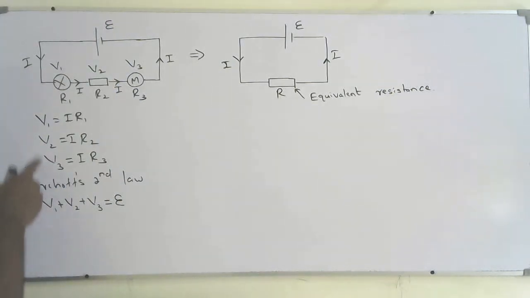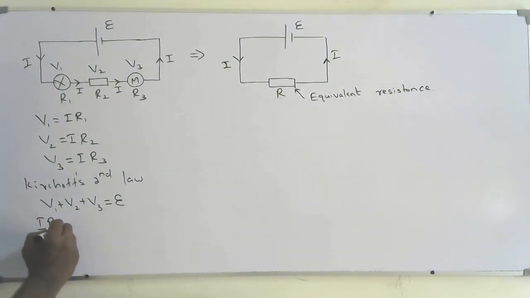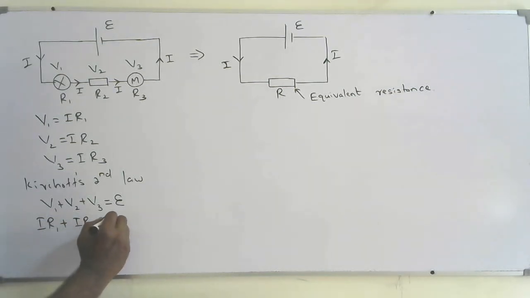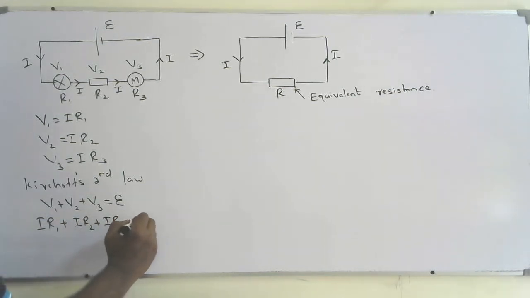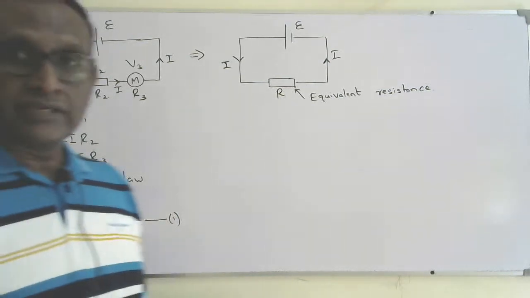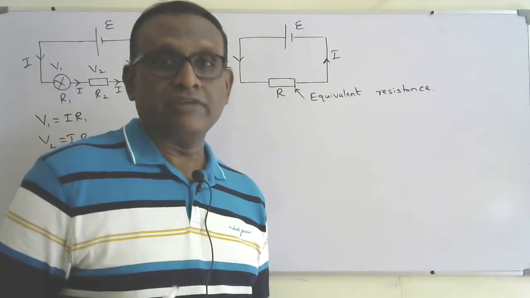So instead of V1, I can say IR1. Instead of V2, IR2, plus IR3 equal to EMF. Let it be the first equation. Now, when I think about the equivalent resistance, I told you the meaning of equivalent resistance.